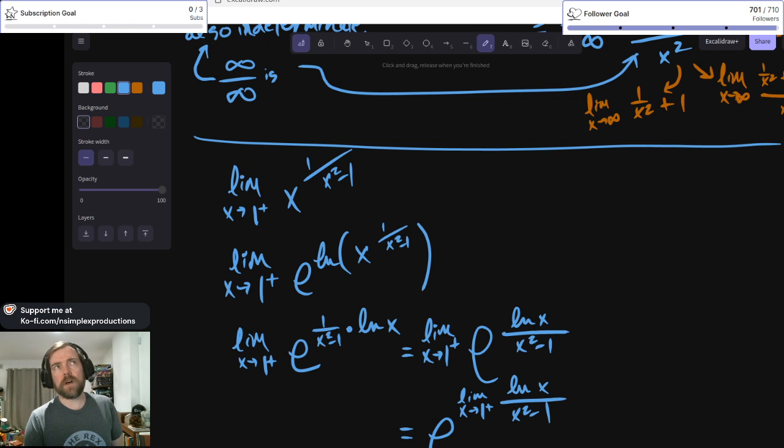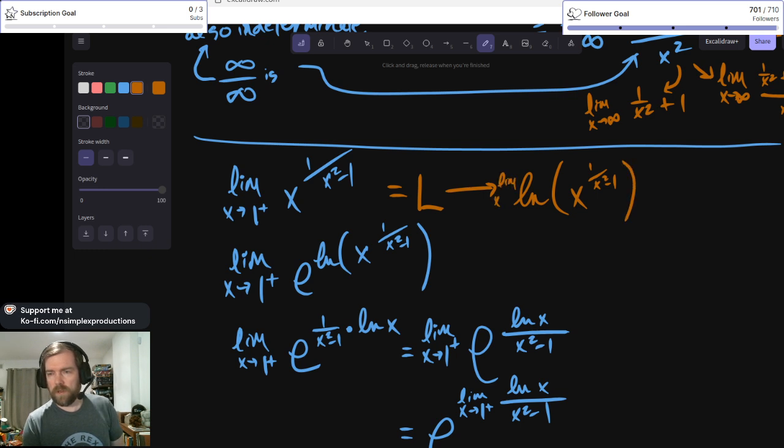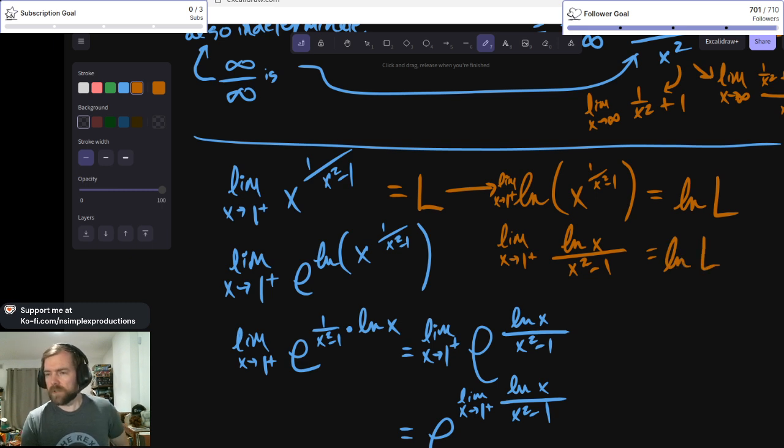Let's see. The one that I used to do also set this equal to L, and then said we want the natural log of x to the 1 over x squared minus 1 limit x goes to 1 from the positive direction equals the natural log of L. So here again, this is going to be the natural log of x multiplied by 1 over x squared minus 1, and that's equal to the natural log of L. Take the derivative, again, limit x goes to 1 from the positive direction of 1 over x over 2x.